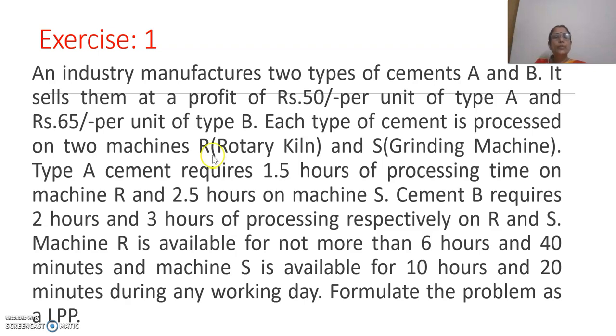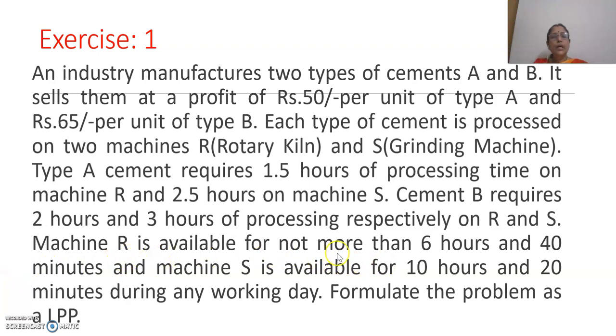And the requirement of each of the machines are given here. Type A cement 1 unit requires 1.5 hours of processing time on machine R and 2.5 hours on machine S. Similarly, the requirement for 1 unit of cement B is 2 hours and 3 hours respectively for processing on R and S. The availability of each of the machines are given.